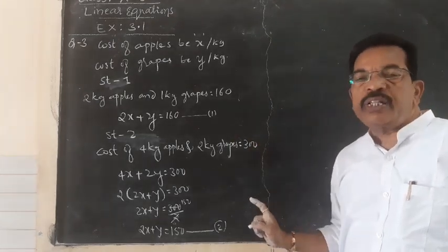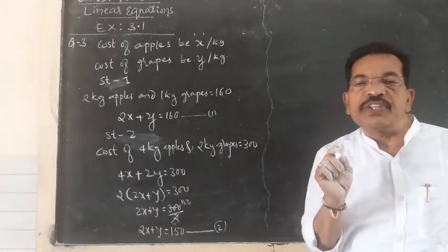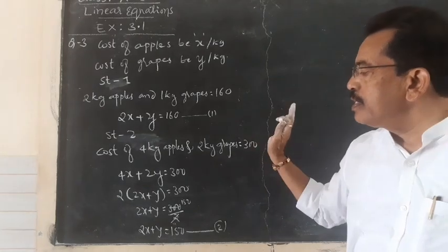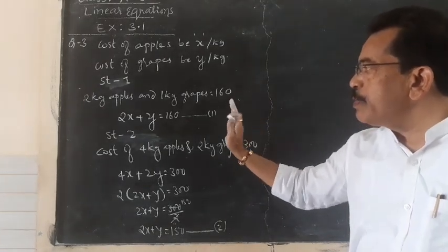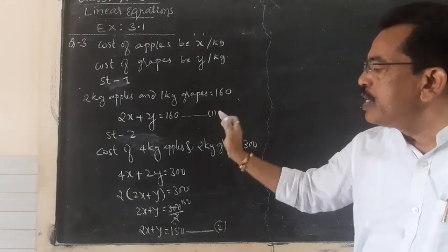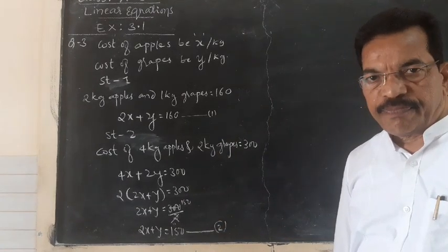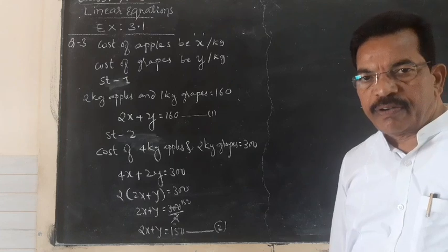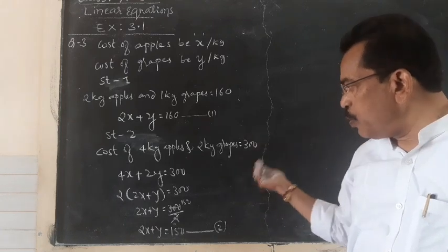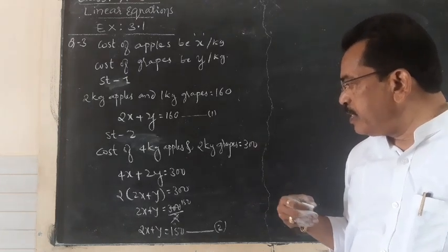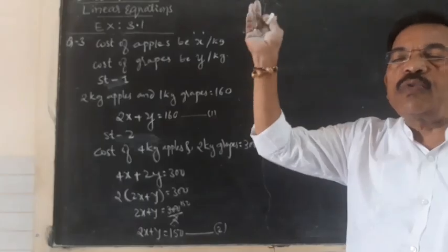Both 1 and 2 are the algebraic representations of the problem: 2x plus y equals 160, 2x plus y equals 150. If both equations are the same, then they should coincide. Later on we will learn.